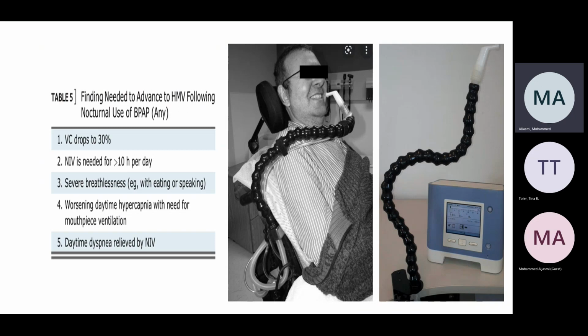Or if their symptoms are worse during sleep, talking, eating, or during the day, they feel daytime dyspnea for which they need some kind of NIV to help them during the day, then instead of the mask they can use a mouthpiece, okay? So they wear the mask and machine at night, and during the day they can use the mouthpiece and the home vent as well.